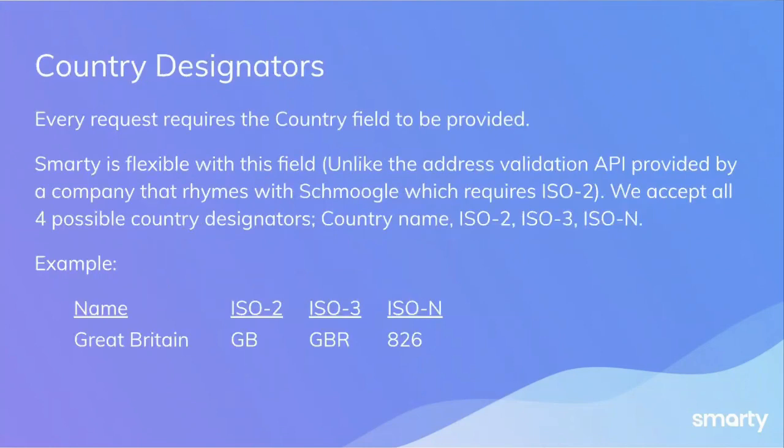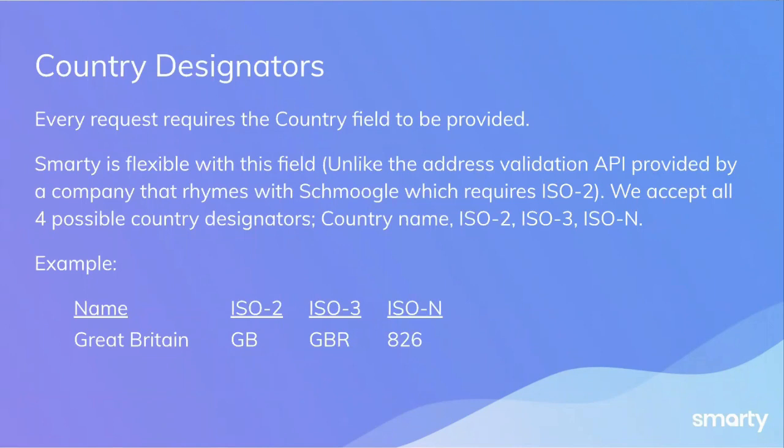So let's get started. First of all, country designators. Smarty supports 4 types of country designators, and if you've ever investigated another international API from a company who rhymes with Schmoogle, you'll recognize that there is only one.